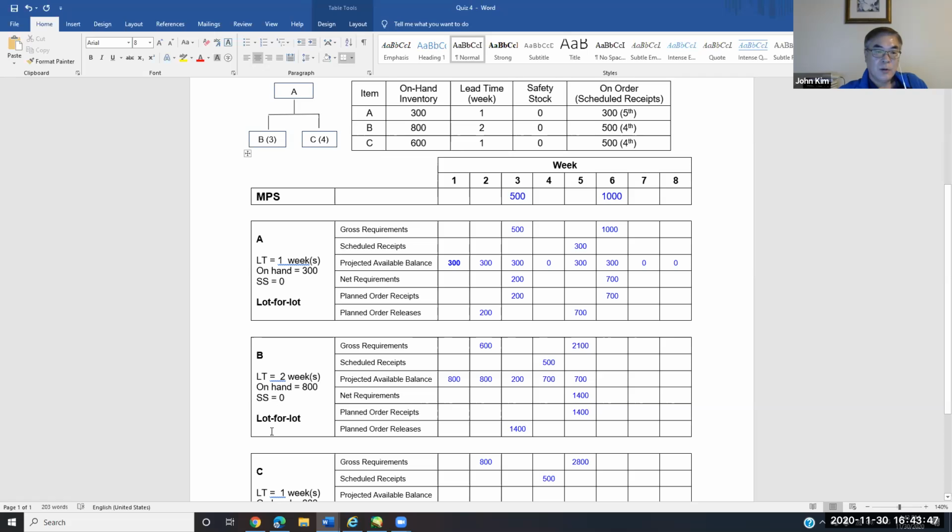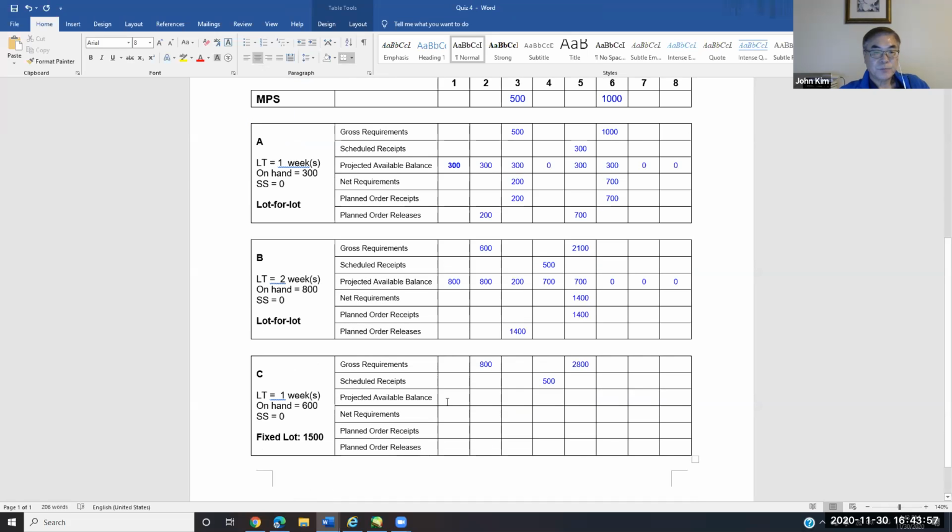Lot for lot ordering system, usually there is no inventory after that point. And here, 600 available. 200 need more. For part C, use fixed lot ordering system.